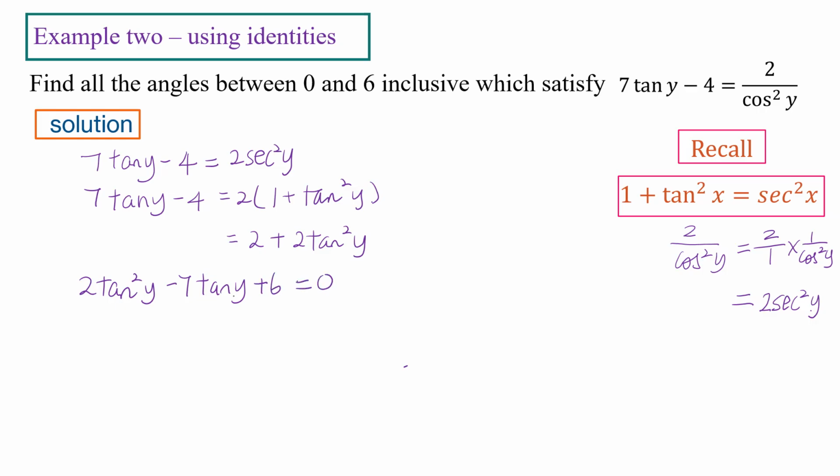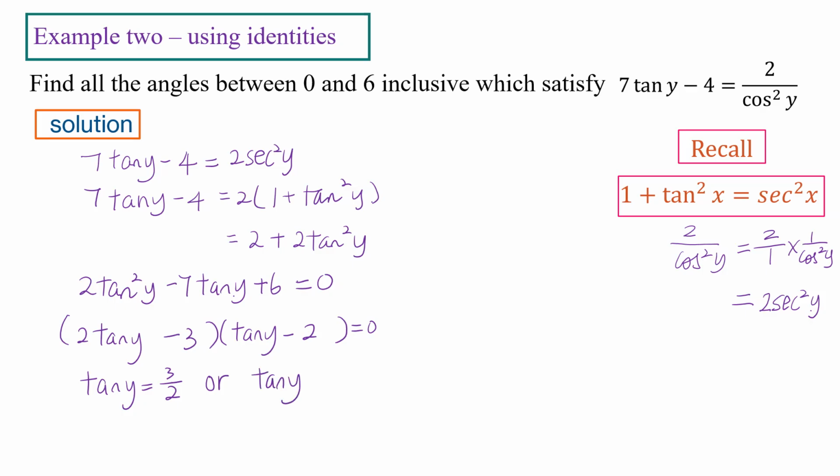And you see that we will have a quadratic equation where we can factorize it. So you will have tangent y equals to 3 over 2, or tangent y equals to 2.